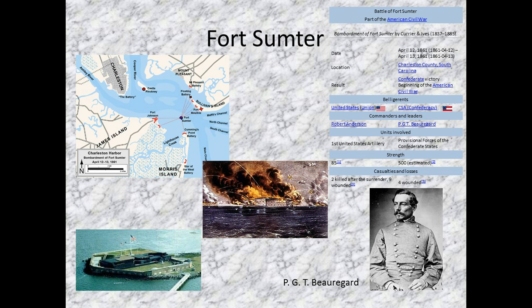General Pierre Gustave Toutant Beauregard, who's, as you can tell, French, or at least of French ancestry, will be ordered to take Fort Sumter. After a 2-day bombardment, on April 14th of 1861, the fort falls without losing a man. No one is killed in the actual attack on the fort itself. Lincoln then orders troops into Virginia, who has not seceded yet.